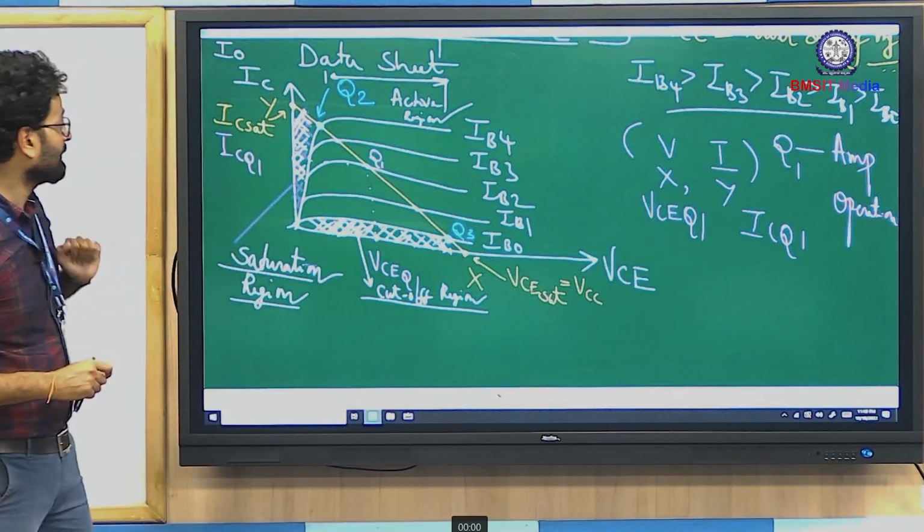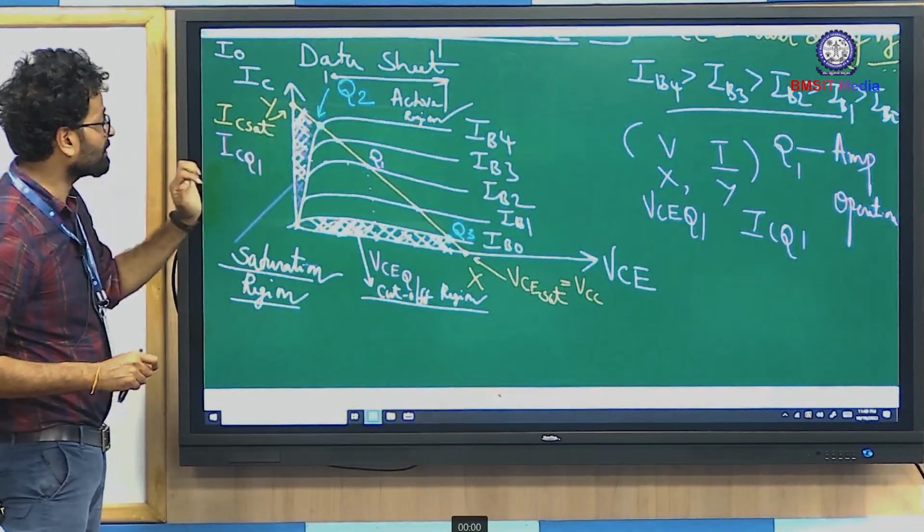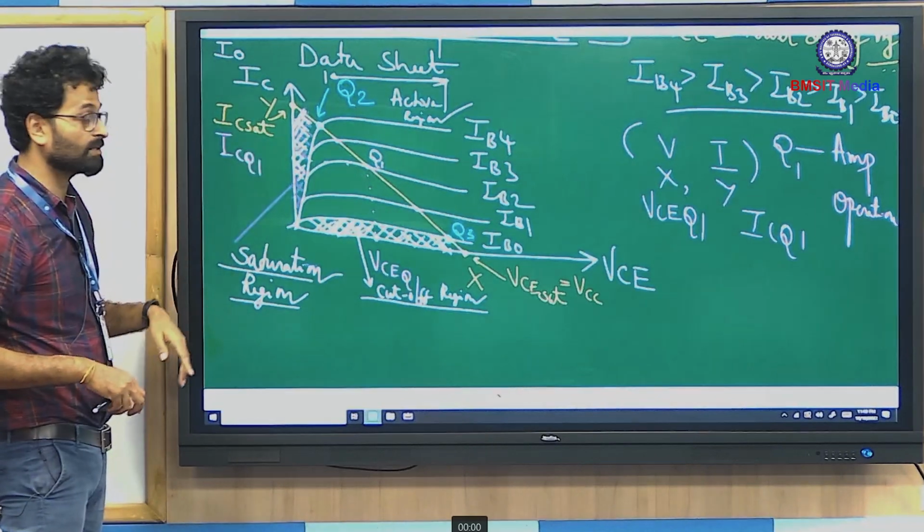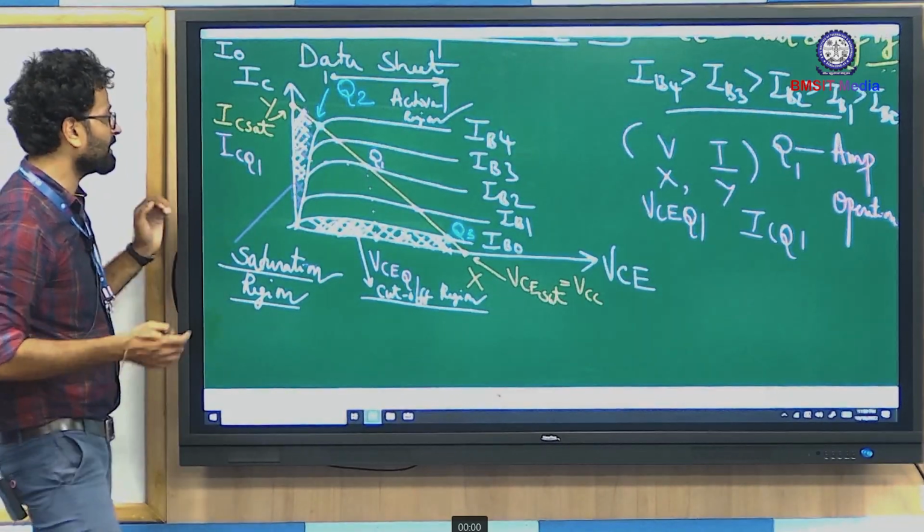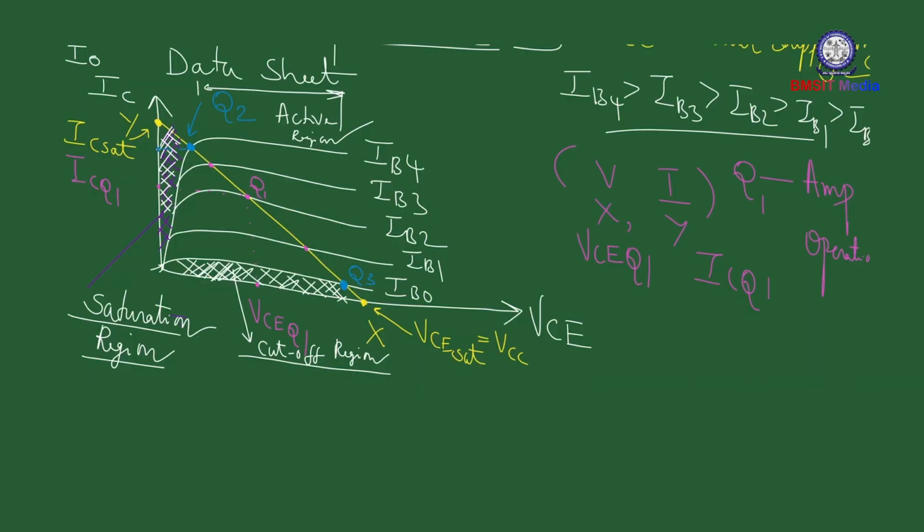On the other hand, if you select the Q point which is closer to saturation region, you would see that the current value is very, very high. So let us say Q2 collector current, we'll take it as IC Q2. And the corresponding voltage, what do you get? You get VCE Q2.